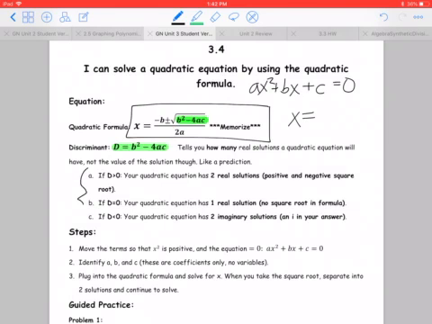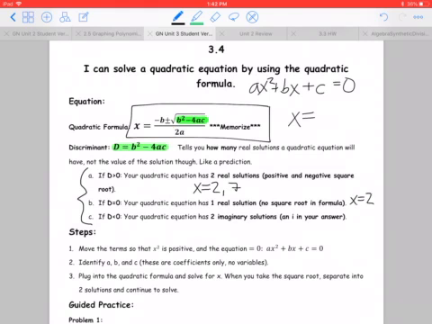So if you look at these three options, A, B, and C, when you plug in that b squared minus 4ac, and d is bigger than 0, so it's positive, then your answers for x should be like 2 and 7, two real numbers. If you get that d is 0, then there's one real number.